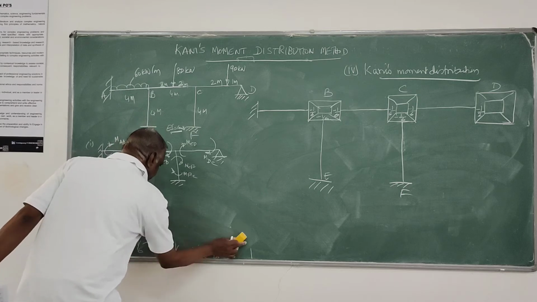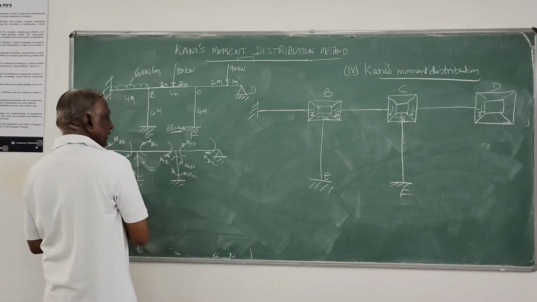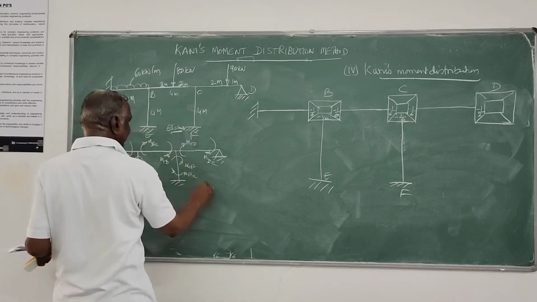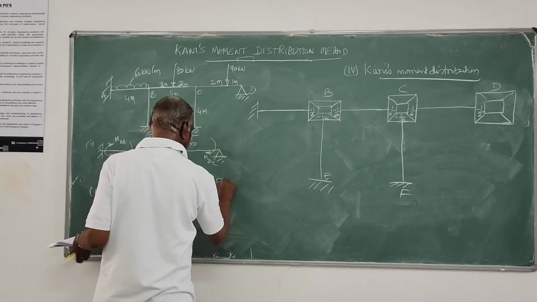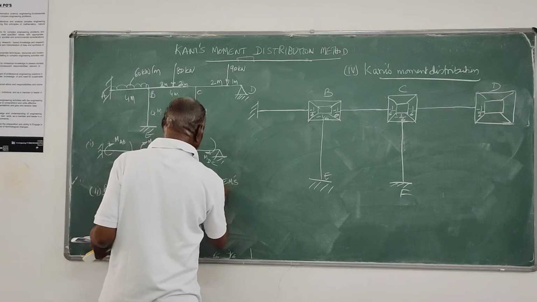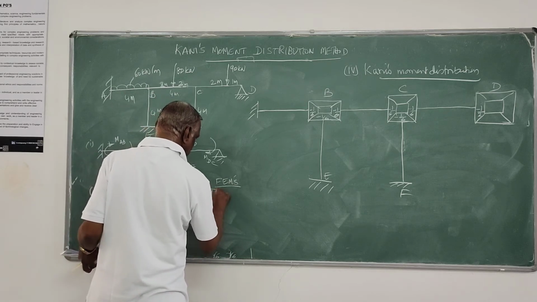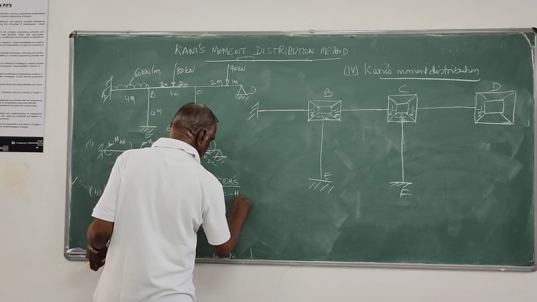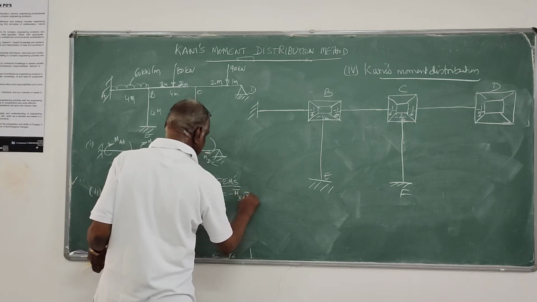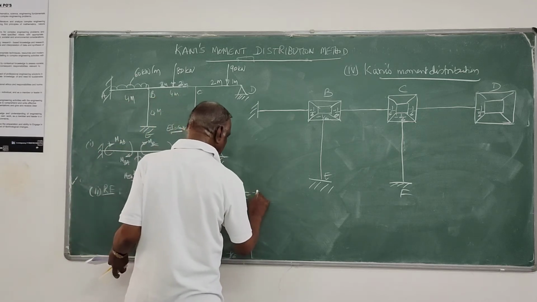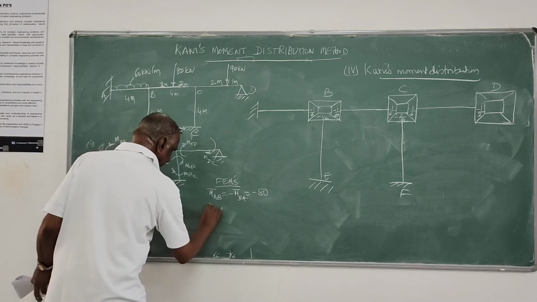Then you write fixed end moments. That fixed end moments you have to calculate. So that is MAB bar, MBA bar, they are equal because UDL, WL squared by 12, it is minus 60 into 4 squared by 12, it is minus 80.